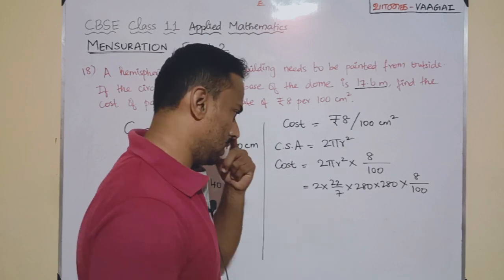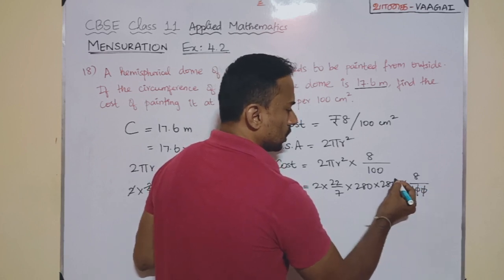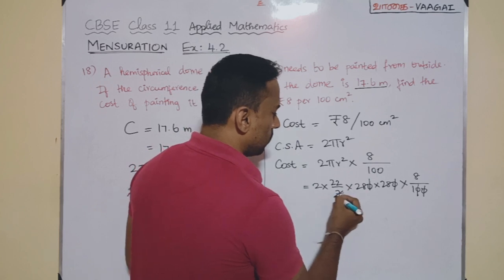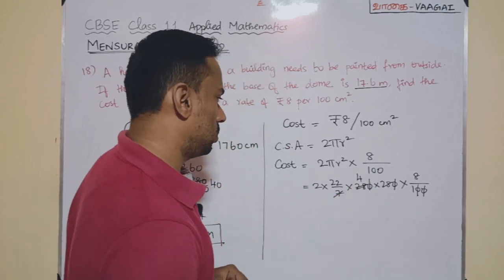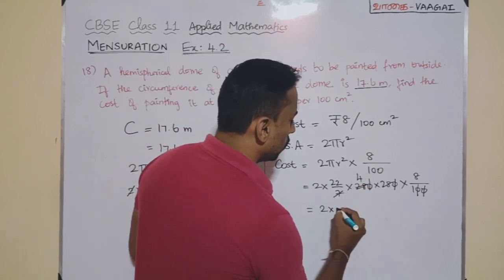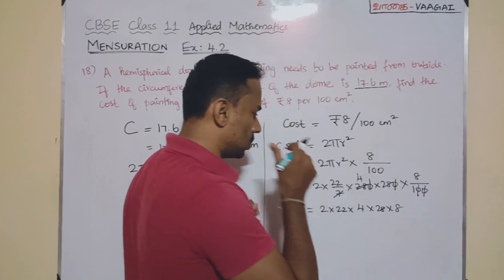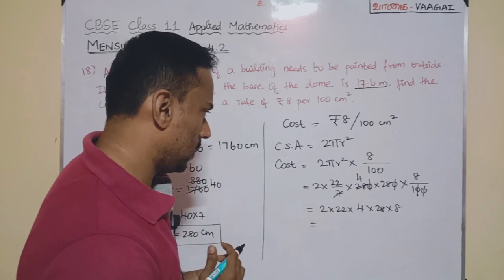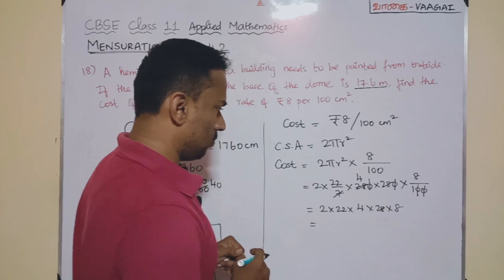We will easily be able to get the answer. First of all, I will cut the zeros with these two zeros. Next, I can cut this 7 and this 28 for exactly 4 times. So now I will have 2 into 22 into 4 into 28 into 8. Now I can multiply the values carefully here.